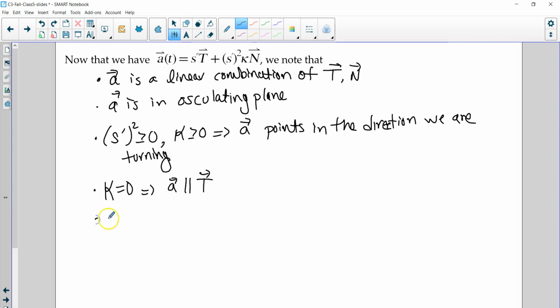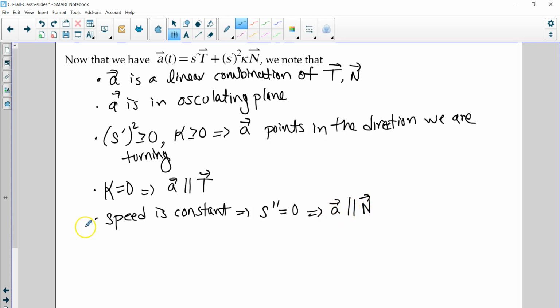Similarly, if speed is constant, that means the second derivative of our arc length function is 0, and therefore we have no tangential component, so we have an acceleration vector that is parallel to the normal vector. Okay, this is most commonly associated with circular motion.